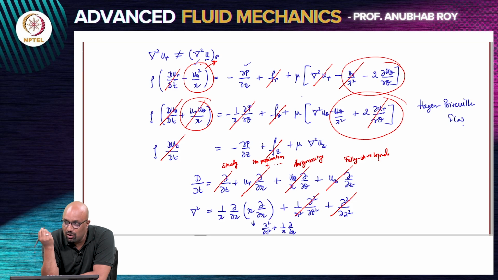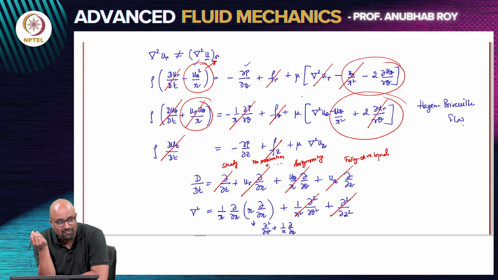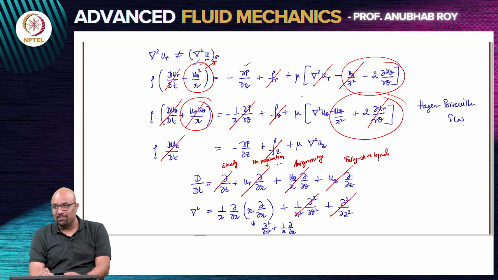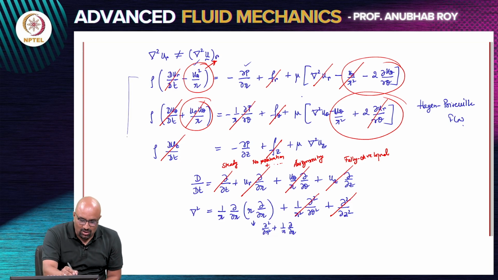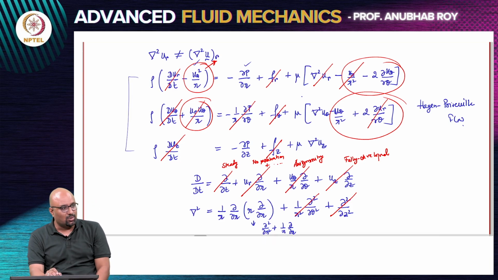But that flow is not going to be realizable for arbitrary values of Reynolds number. So, if a Reynolds number is based on the definition using diameter as the characteristic length and the average velocity as the characteristic velocity, when you exceed a Reynolds number of 2000, the flow that is obtained based on these assumptions, whatever I have crossed out and gotten the solution, is not going to be a stable solution.